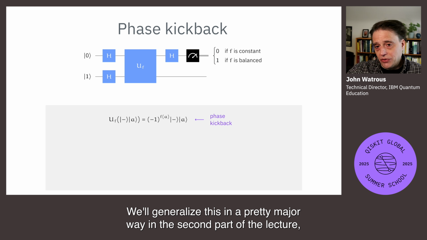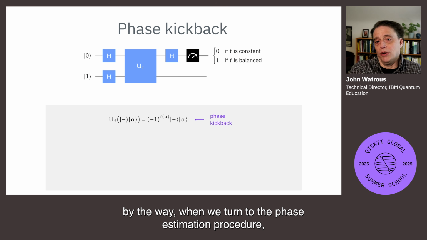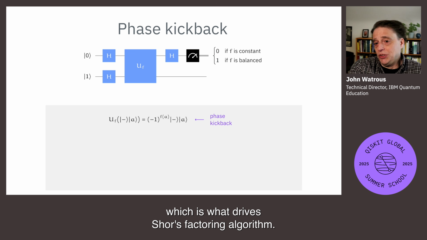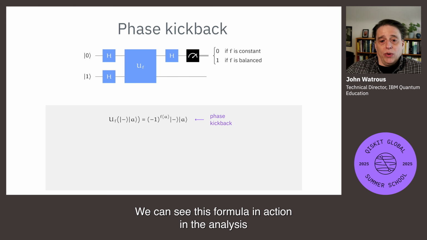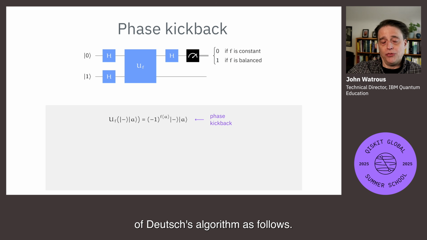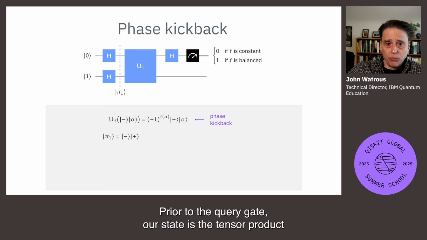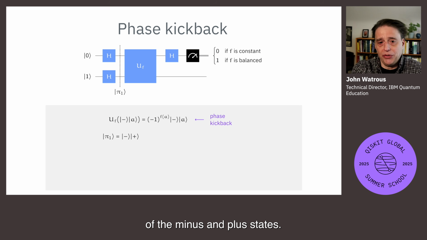We'll generalize this in a pretty major way in the second part of the lecture, by the way, when we turn to the phase estimation procedure, which is what drives Shor's factoring algorithm. We can see this formula in action in the analysis of Deutsch's algorithm as follows. Prior to the query gate, our state is the tensor product of the minus and plus states.